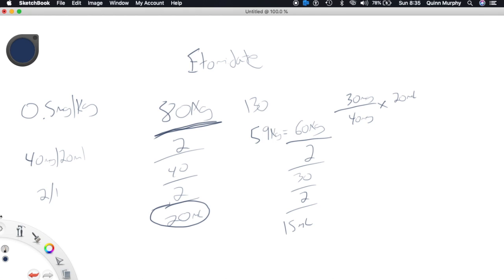So 30 over 40 is 75%, 0.75, 30 divided by 40 times 20. I didn't do this ahead of time, so let's make sure it's correct. 0.75 times 20 equals 15 mLs.